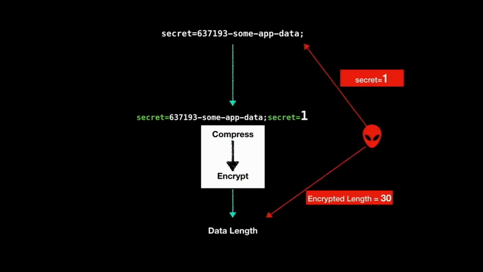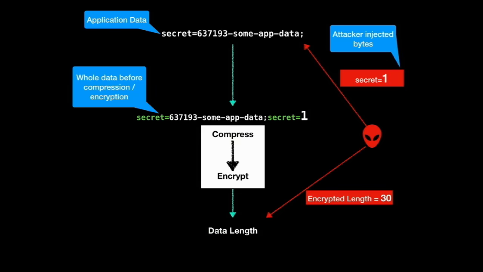So going back to the diagram that I just showed, I'm just trying to fill this up with some more text. In this case, the one at the very top is the application data. If there's an application that is trying to encrypt something, this is the data that it's going to give to the encryption algorithm. Now, assume the attacker can also inject something into it, just like I said.